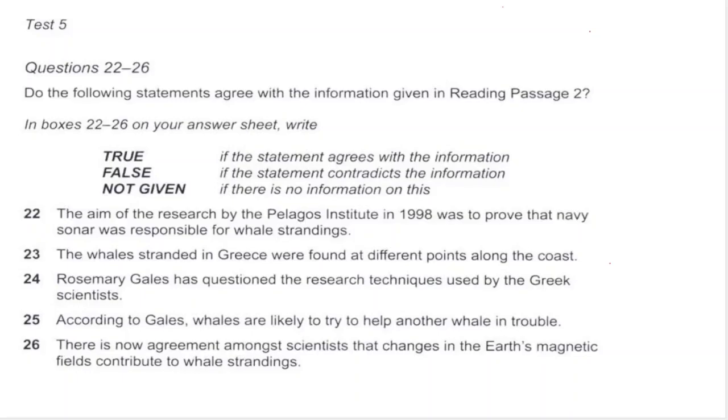The first one is the Pelagos Institute, and of course the year 1998. Now, we need to understand the sentence, and for that we need to pay attention to verbs, because verbs carry the meaning in most of the sentences, and also the noun.